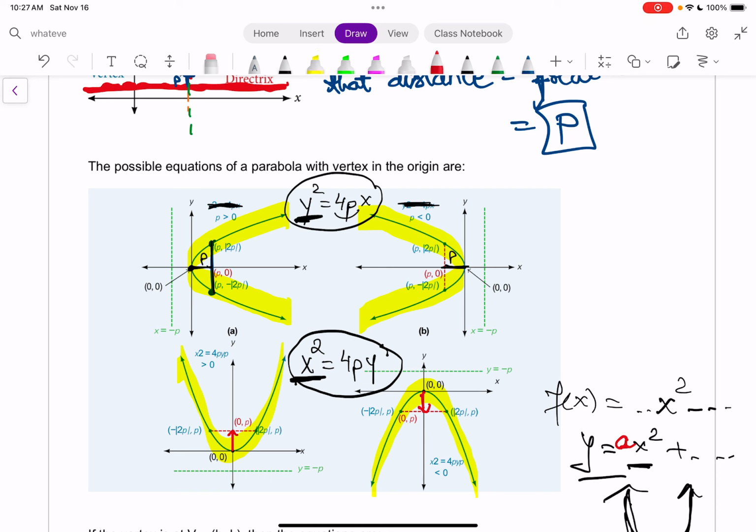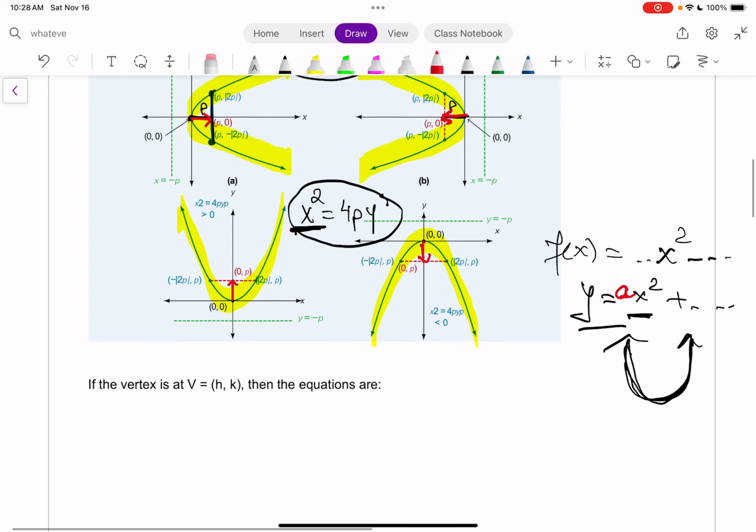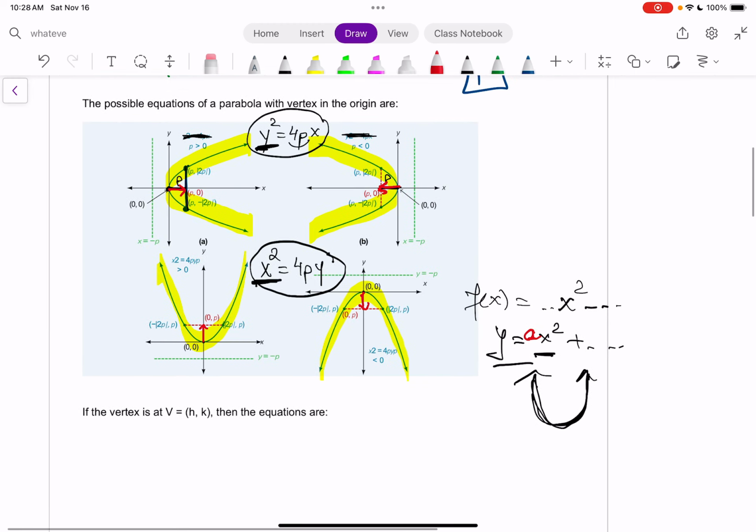Same thing, if p is positive, then the focus is inside to the right. If p is negative, then you have to go in a negative direction from your vertex to the focus. Now, remember, the vertex takes the place of the center that we had with the other conic sections.